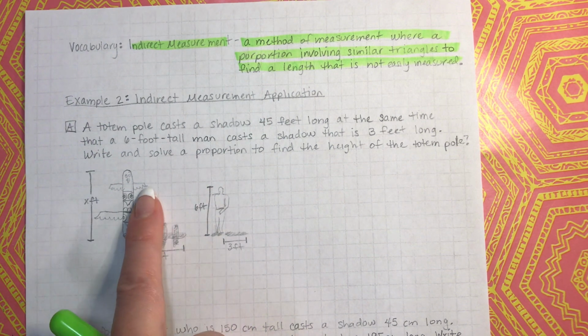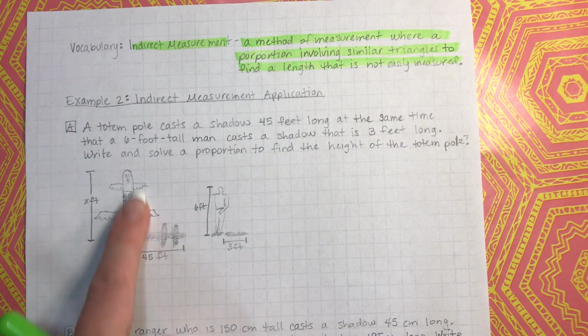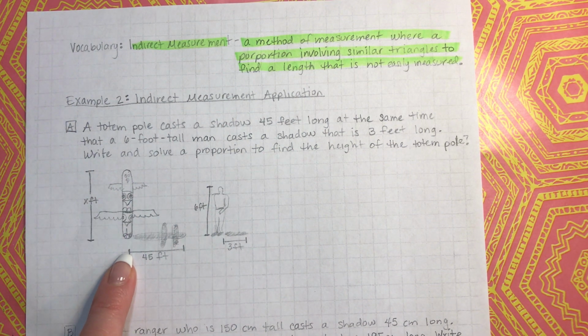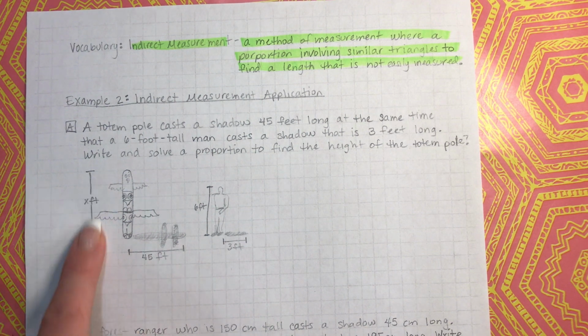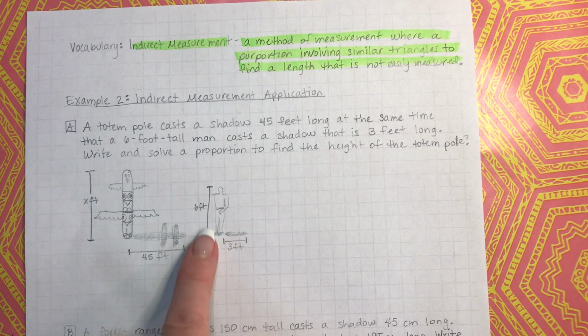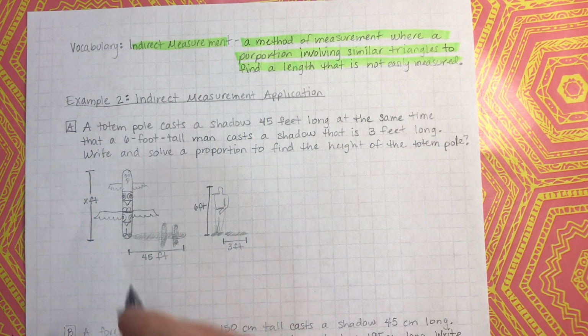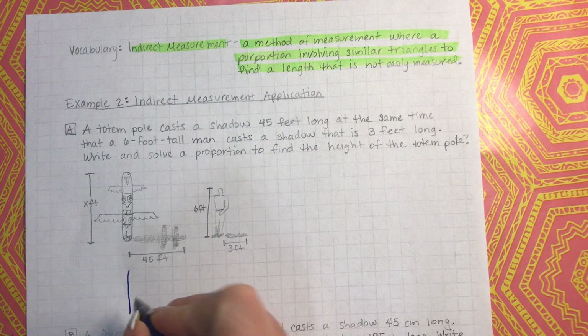So if you look at this picture right here, this is a totem pole, and I know you guys are super impressed by my drawing. I put some little extra effort into it just for you guys. We don't know the height of the totem pole, but we know how long the shadow is. And then here's a person, and we can measure that person's height and their shadow. Using all of this information, we can come up with similar triangles.